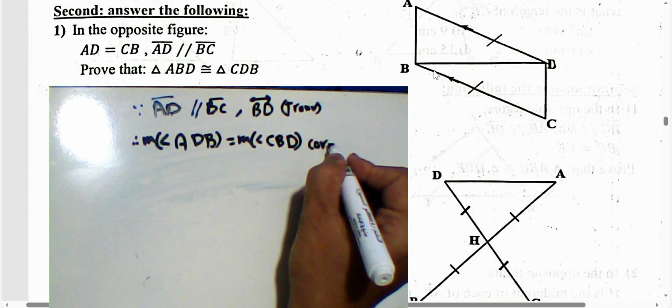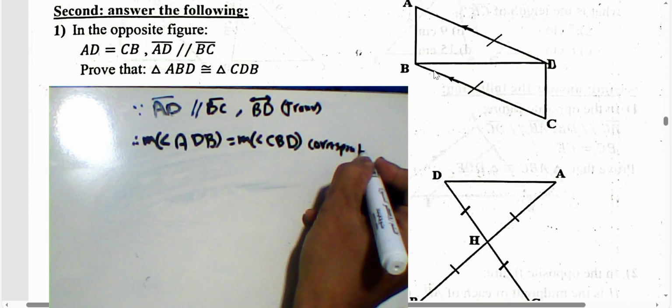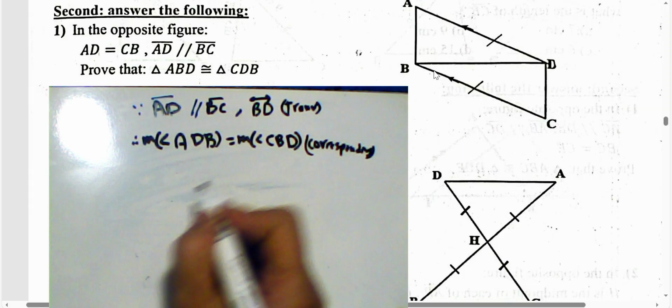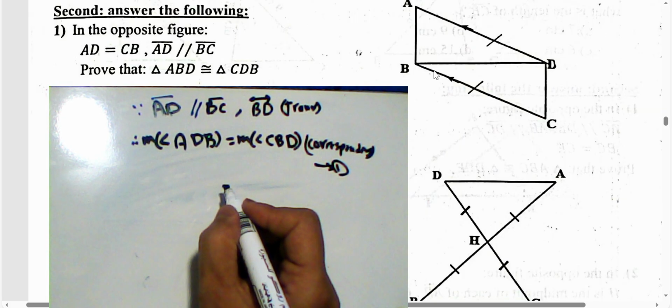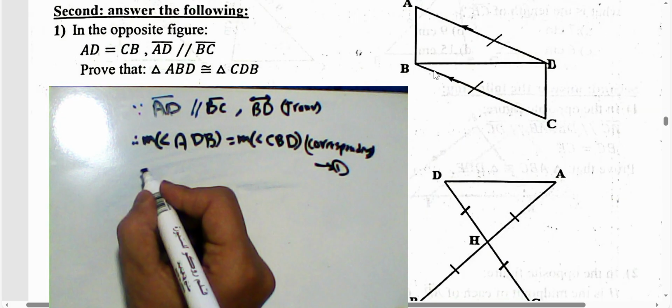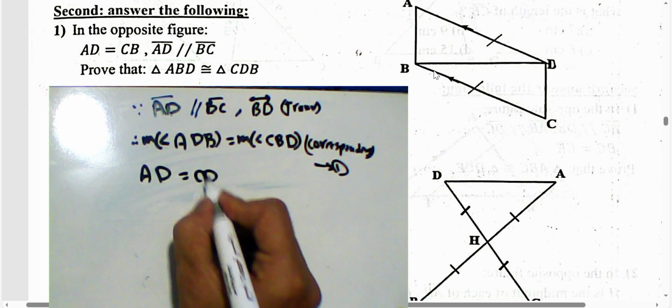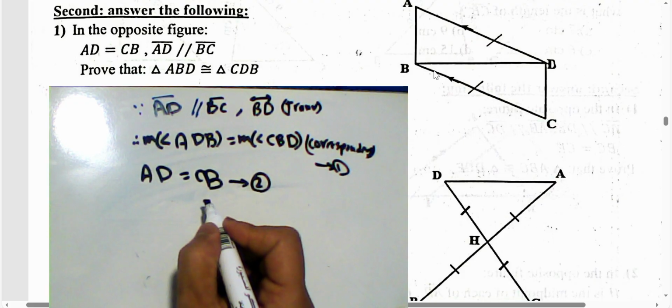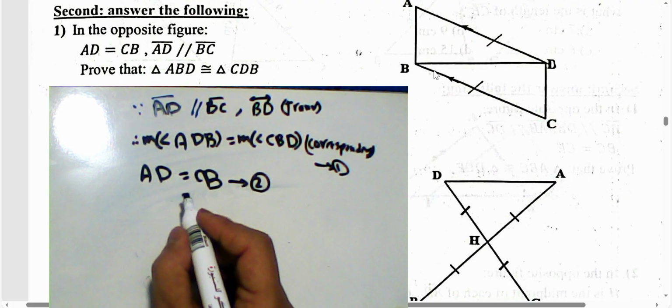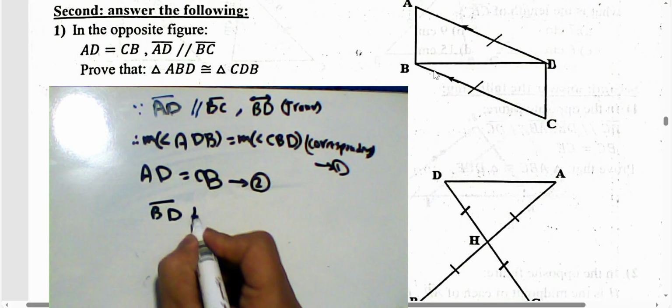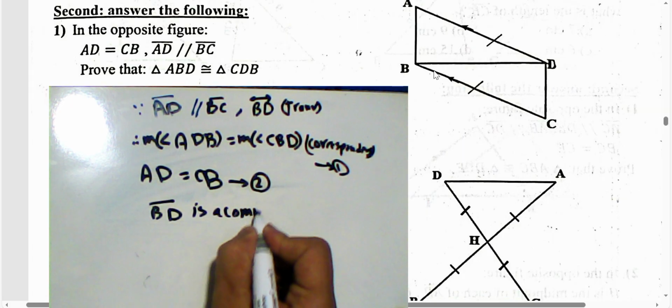We called it corresponding angles. Then it's relation number 1, and also we have AD equivalent to CB. He gives us this information. It's relation number 2, and relation number 3 here we have BD is a common side.